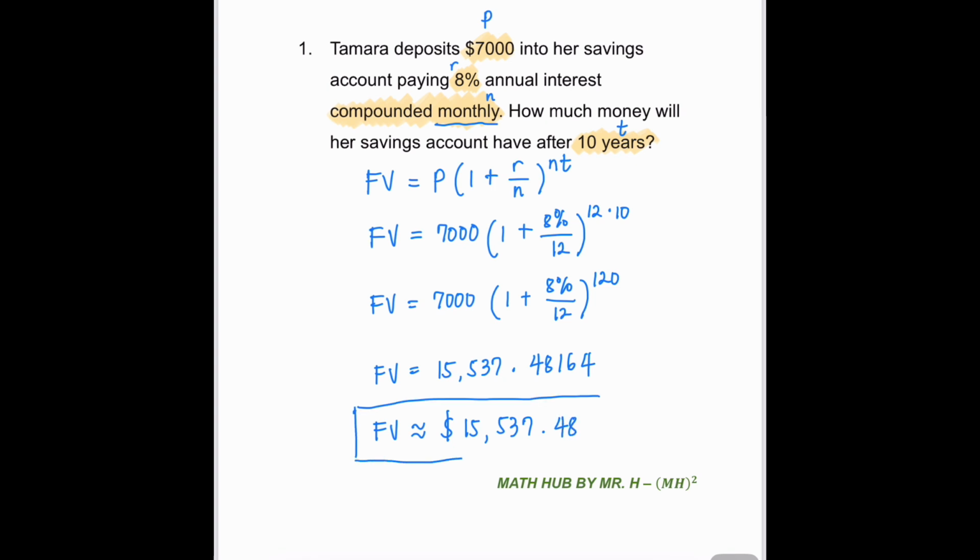So that is the answer. So if you're going to interpret that value, so after 10 years, Tamara's savings account will have $15,537.48. All right, so that's for question number one.